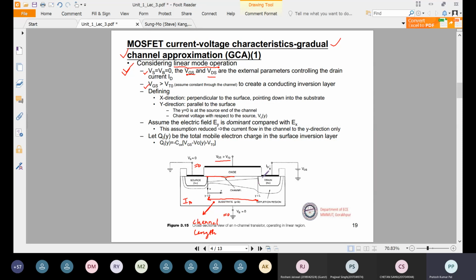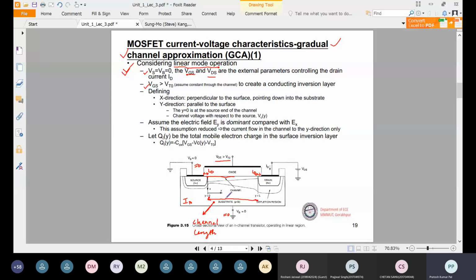Also there is some overlapping, these are called LD. This LD is the overlap between the oxide and source, and between the oxide and drain.